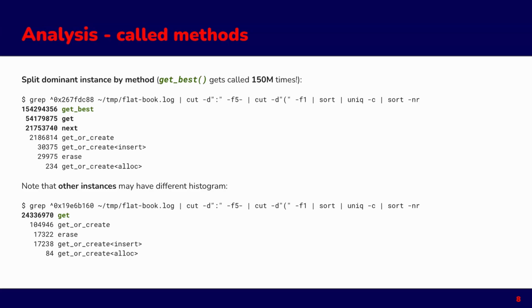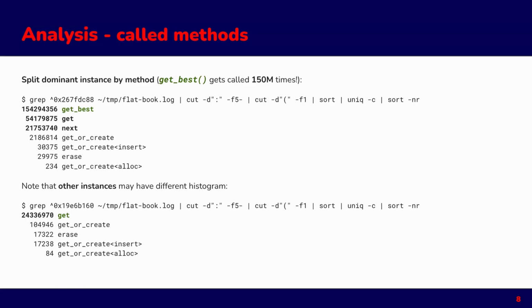And then there is an attempt to create a new level. These are all attempts, so it's, I don't know, 2 million of attempts, but resulting in an actual insertion of a level, because mostly the level already exists. So the actual insert, there's only 30,000 of them, and similar numbers of erases.